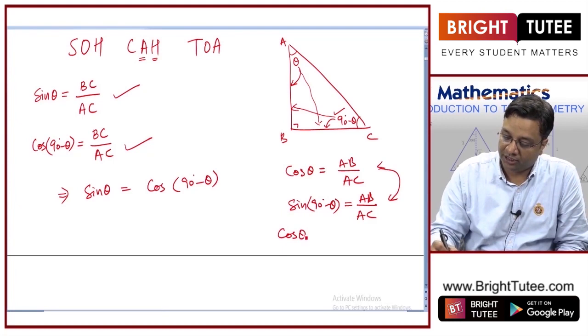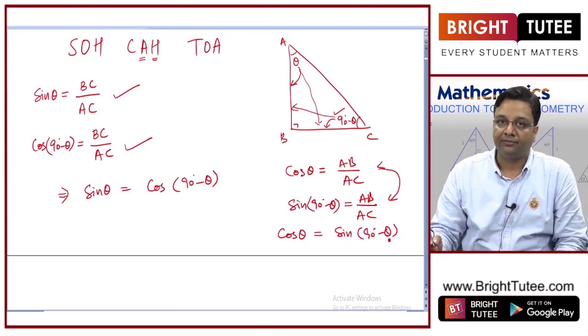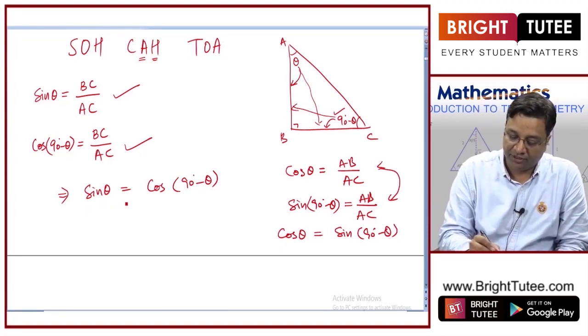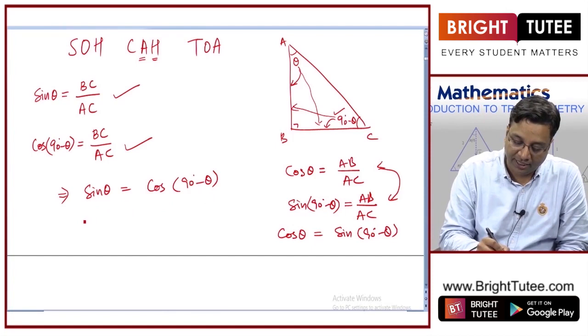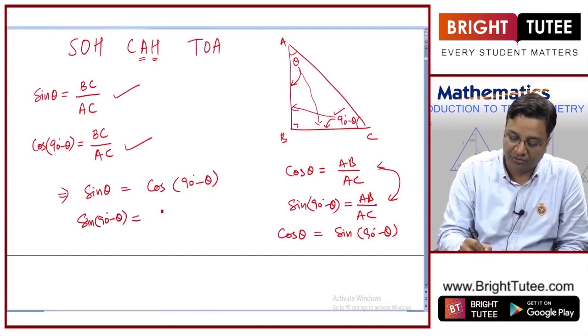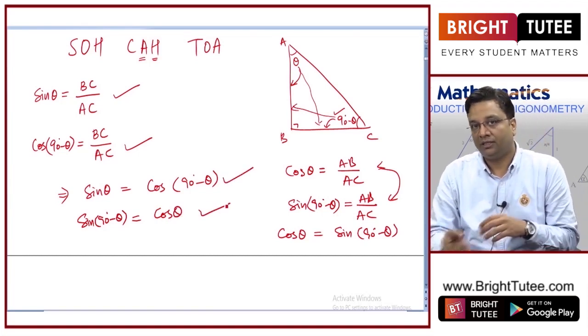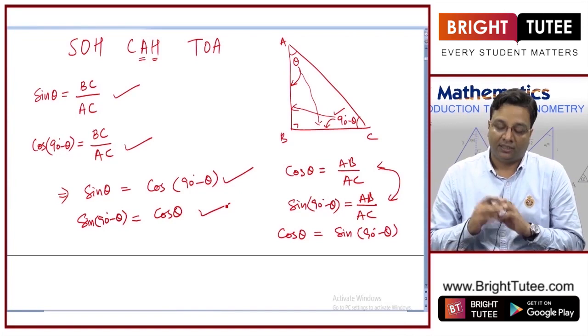Hence we can say cos theta is equal to sin 90 minus theta, right? So sin theta is equal to cos 90 minus theta, and sin 90 minus theta is equal to cos theta. These two relationships you have to memorize, right?